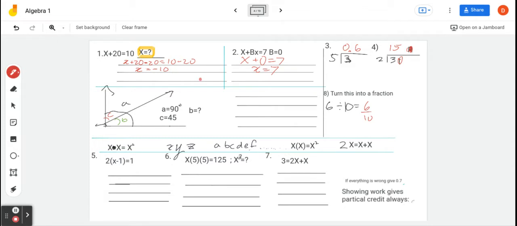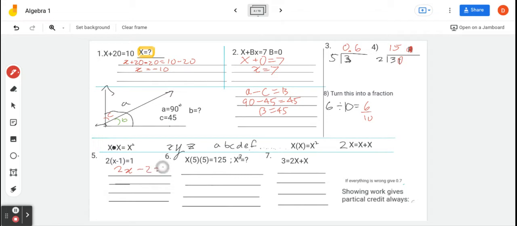So now over here, 90 minus a equals b, right? So 90 minus 45 equals 45. B equals 45. That's all they need to do. Over here, it's quite similar to the question that we gave in the example.